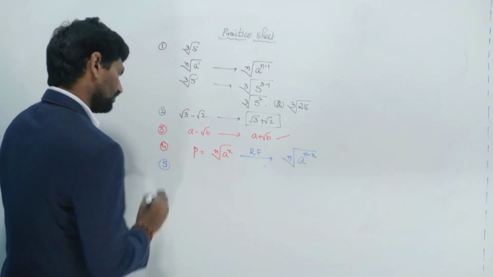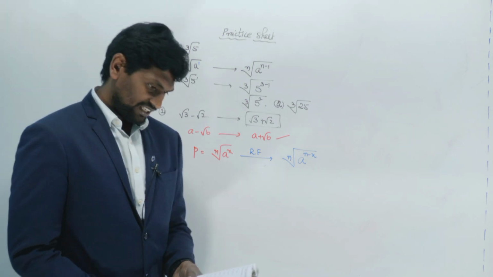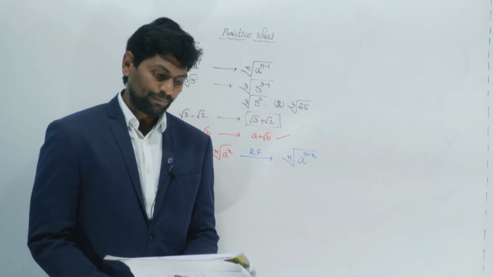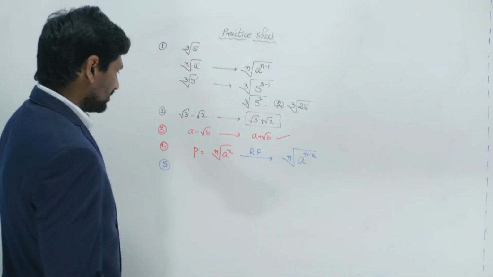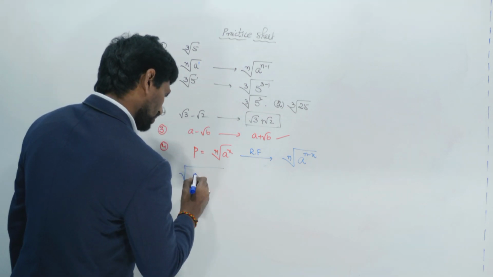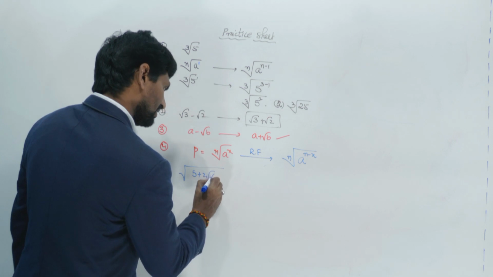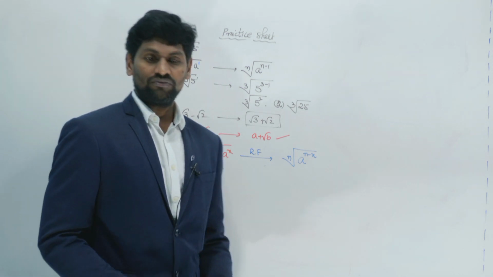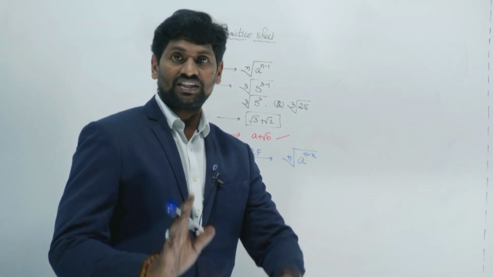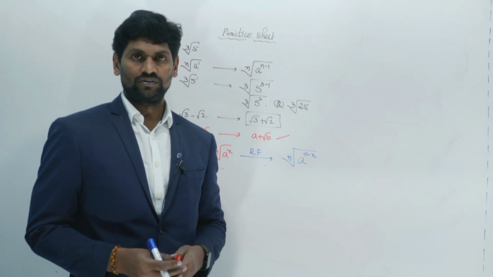Question number 5: the square root of 5 plus 2 root 6. The positive square root of 5 plus 2 root 6. Here you can identify the value of root x plus root y. We have just discussed the format for how to find the square root.